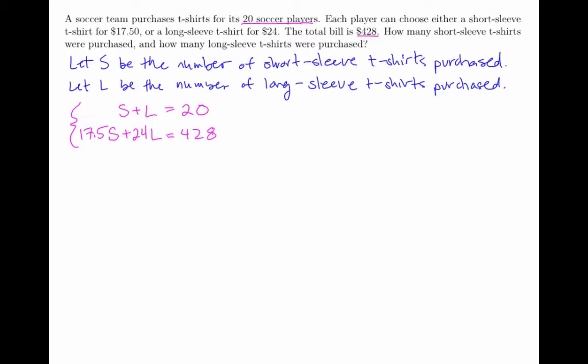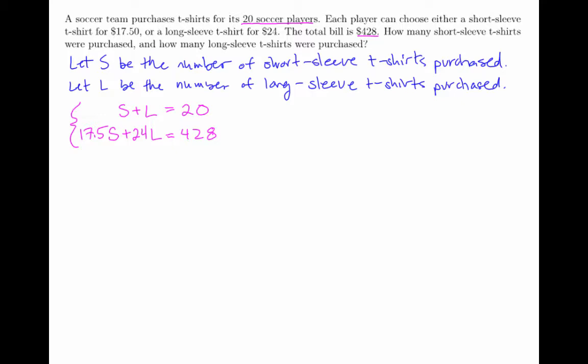Now to solve this, we'll use an algebraic method, and we could use elimination if we wanted. We could also use substitution. Here, let's practice using the elimination method. To do that, we're going to need one of these variables to eliminate when we add each side of the equation.